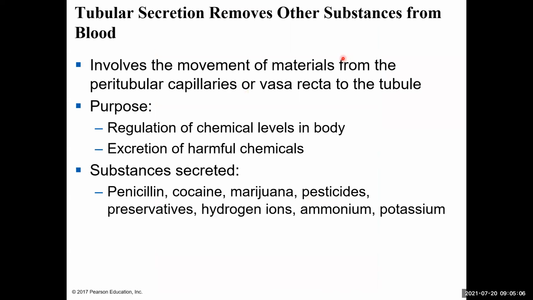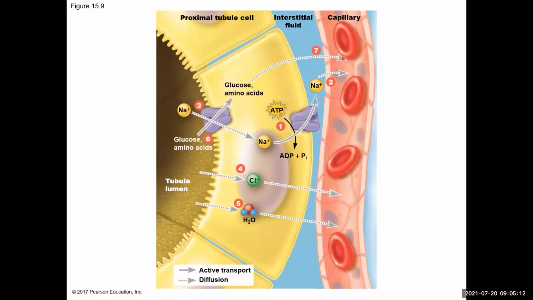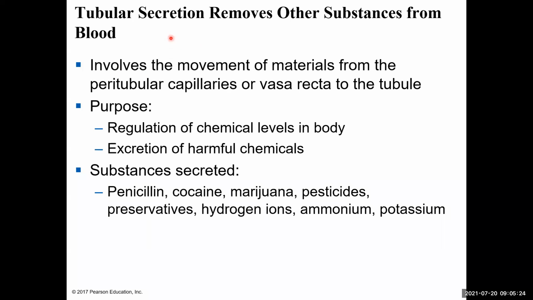Okay. Now, tubular secretion will remove other substances from the blood. So this is tubular reabsorption, right? So this is getting wanted molecules from the filtrate back into the blood, while this process removes unwanted substances from the blood into the distal tubule.